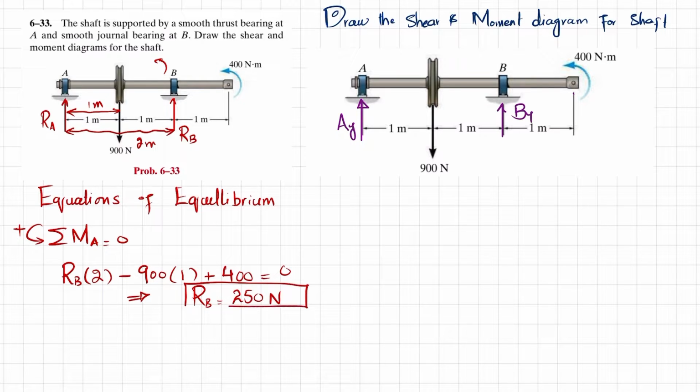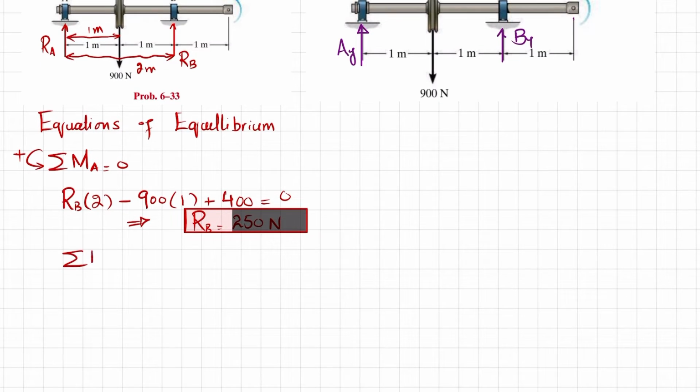Now we will find RA by using another equilibrium condition: the sum of all forces along the y direction must be equal to 0, with force in the upward direction positive. So we have three forces. One is RA upward, minus 900, plus RB which was 250.